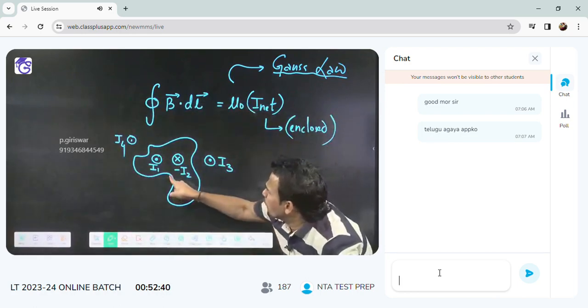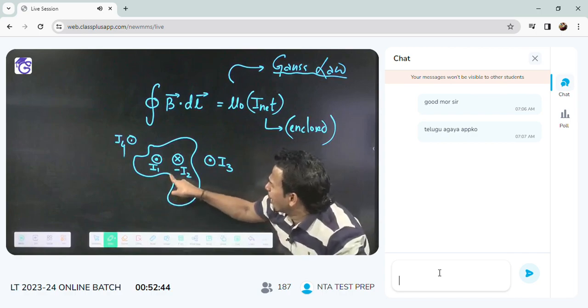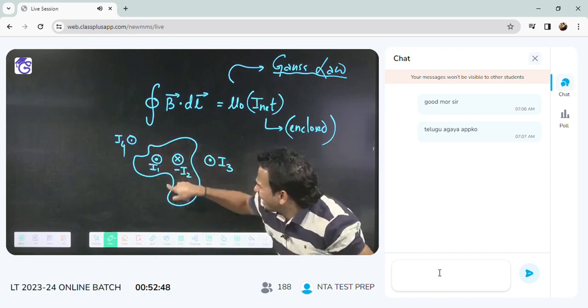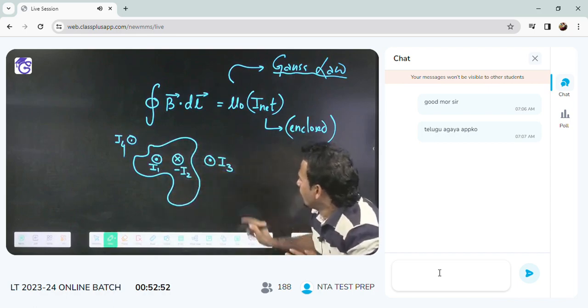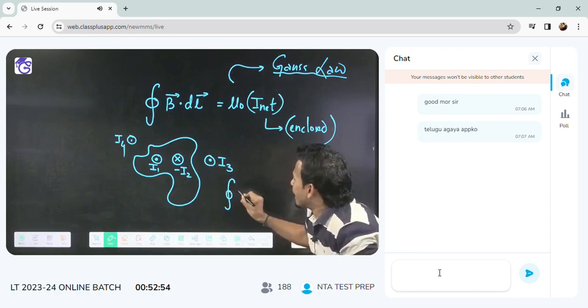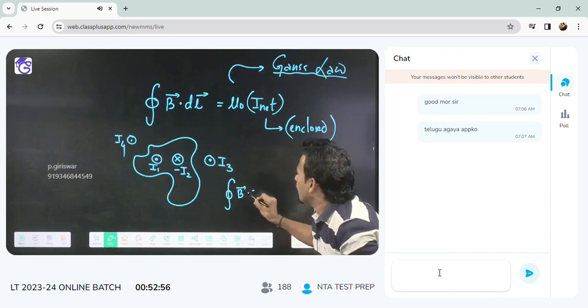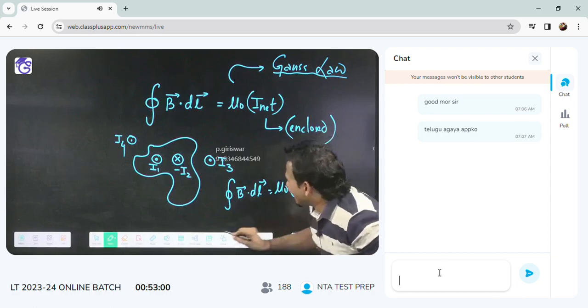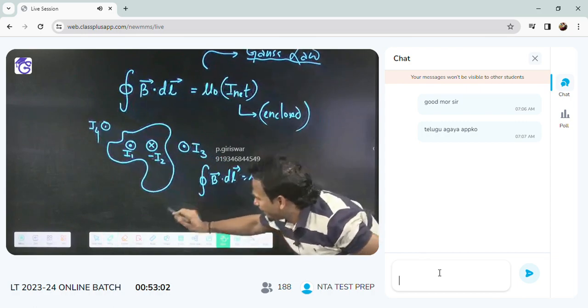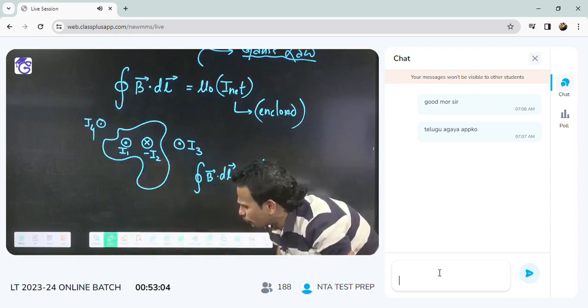If you make a closed loop, for example, if you start from here and come back here, and you integrate the magnetic field along the closed loop, that integration of the magnetic field will be equal to mu naught times the net current. Always remember, net current means two types of current will come.